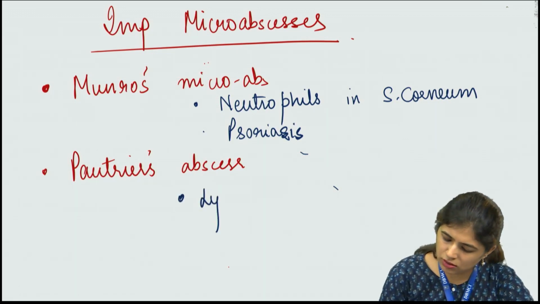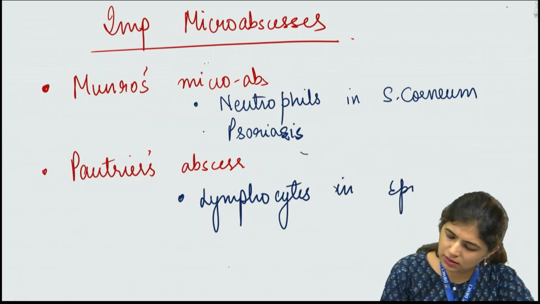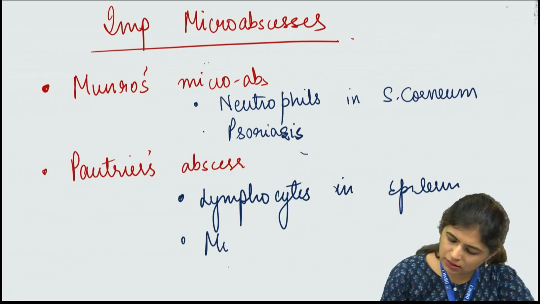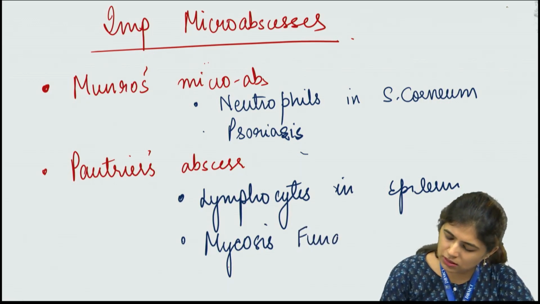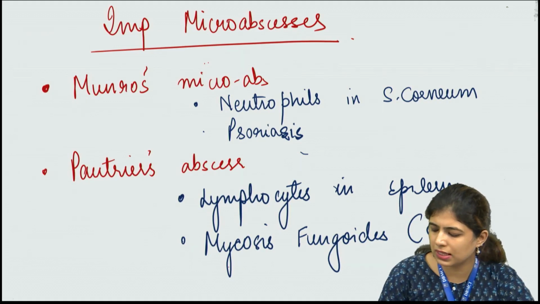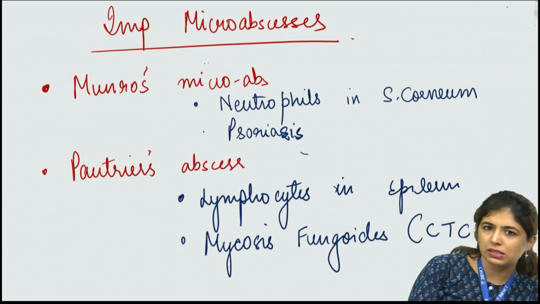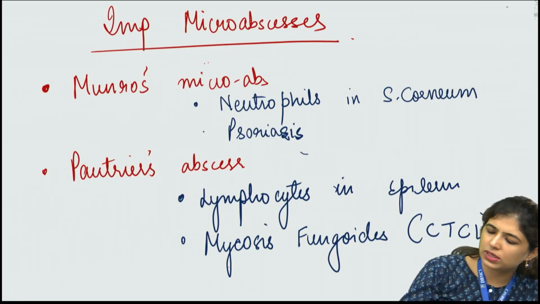Potter's is a collection of lymphocytes in the epidermis seen in a cutaneous tumor called mycosis fungoides, also called cutaneous T-cell lymphoma. Clear to everyone? Yes? Out of this, what is the question?